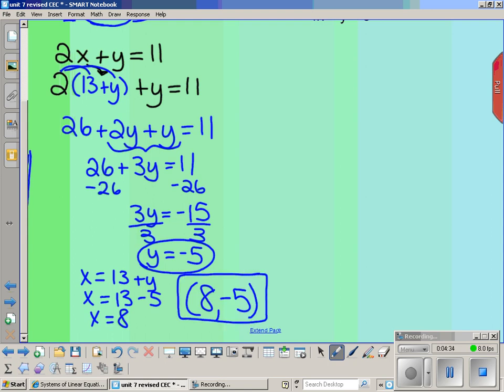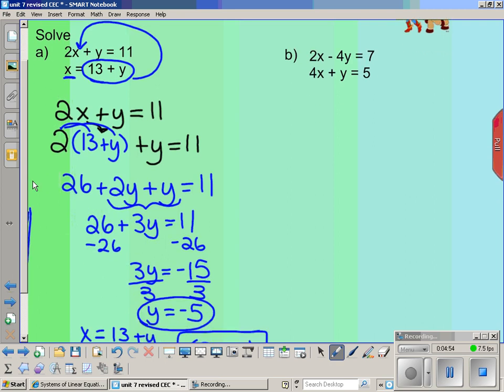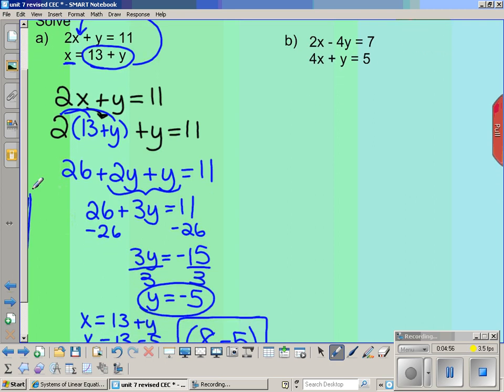And you need to actually write the coordinates as your final solution. If you are using something other than x and y, go in alphabetical order. So if there was a's and b's in the question, put it a, comma, b. If it was m and n, go m, comma, n. So that's substitution.